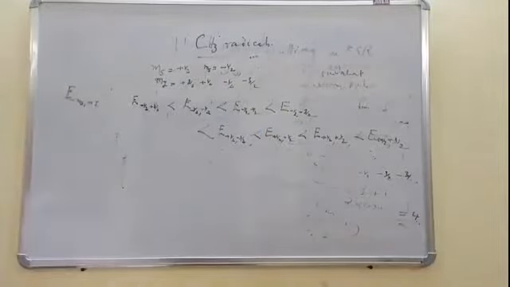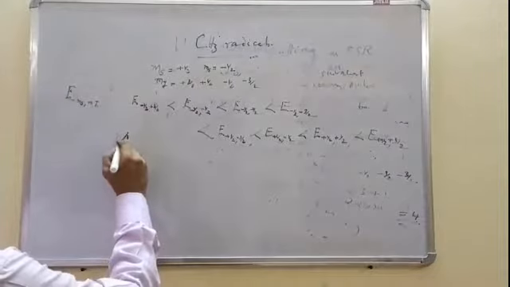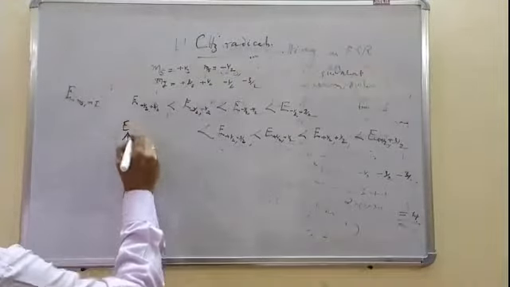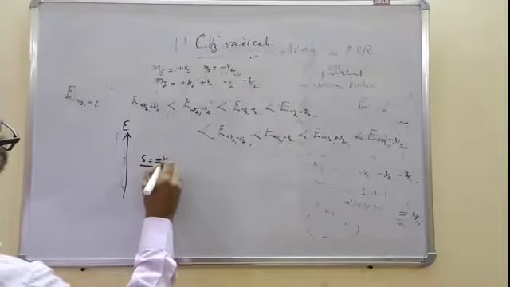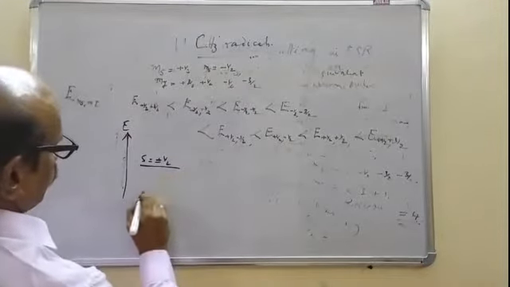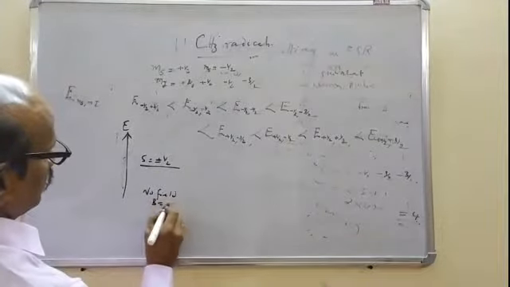Various combinations possible. Here S is equal to plus or minus half, with no field, B0 equal to 0.